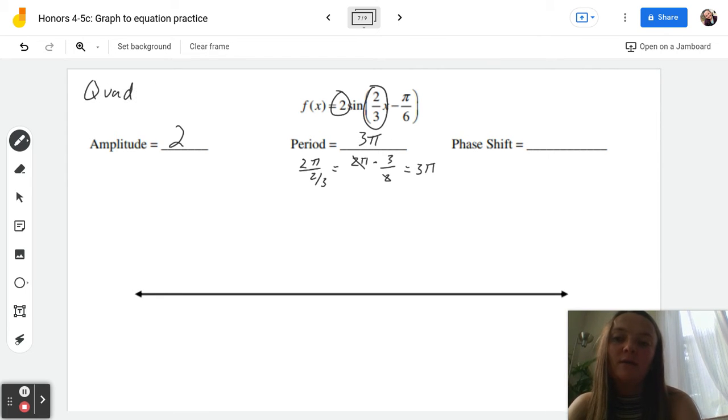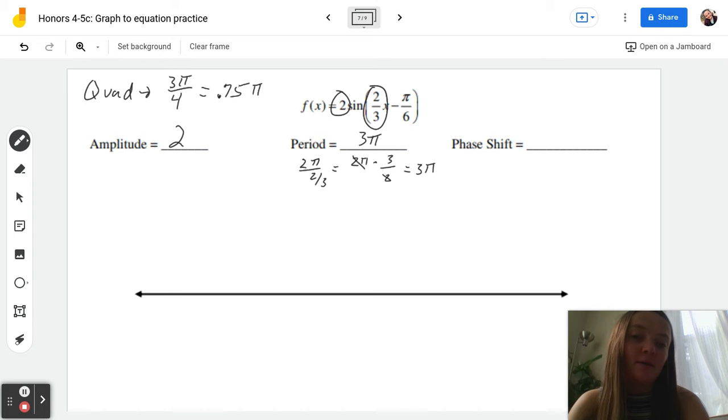Consequently, if my period is 3 pi, my quadrants are going to be split into 3 pi over 4, which is 0.75 pi. My phase shift is whenever I set the entire inside equal to 0. So 2/3 x minus pi over 6 equals 0.